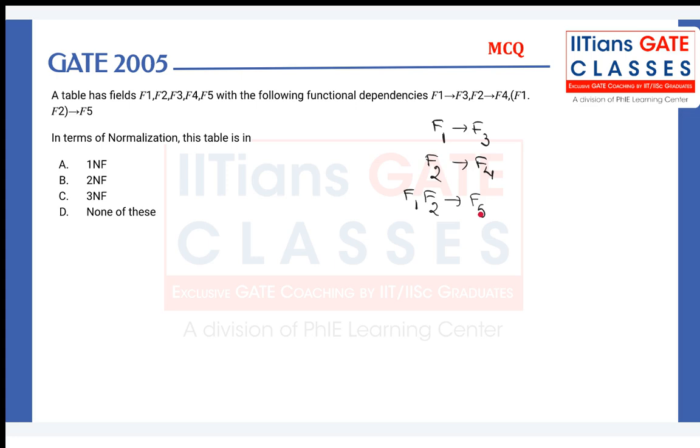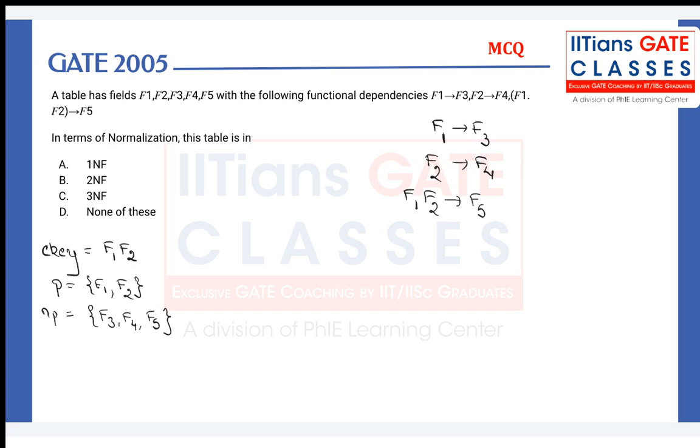Who is the candidate key? F1, F2. So prime attributes are F1, F2, and non-prime attributes are F3, F4, F5. Table is always in 1NF, right? 2NF means there should not be a partial dependency. Is there a partial dependency?